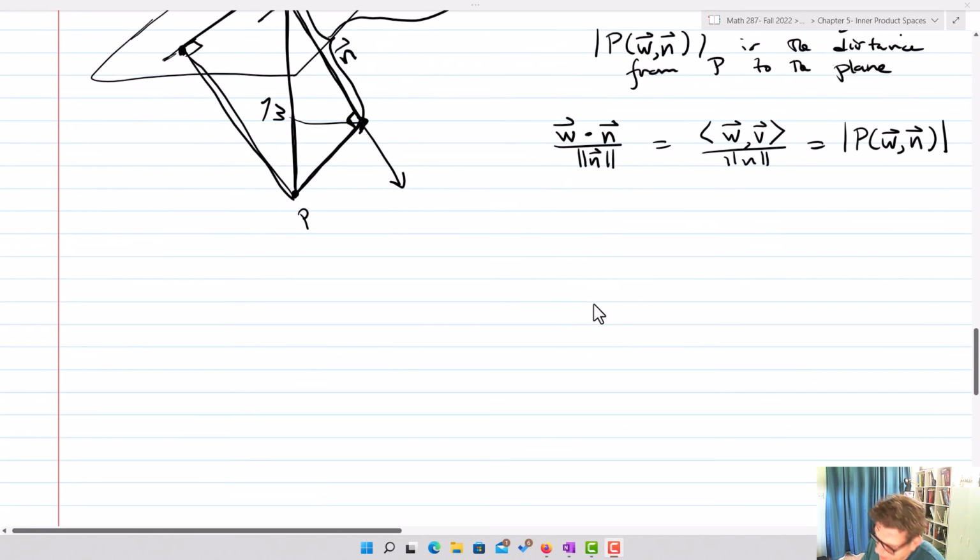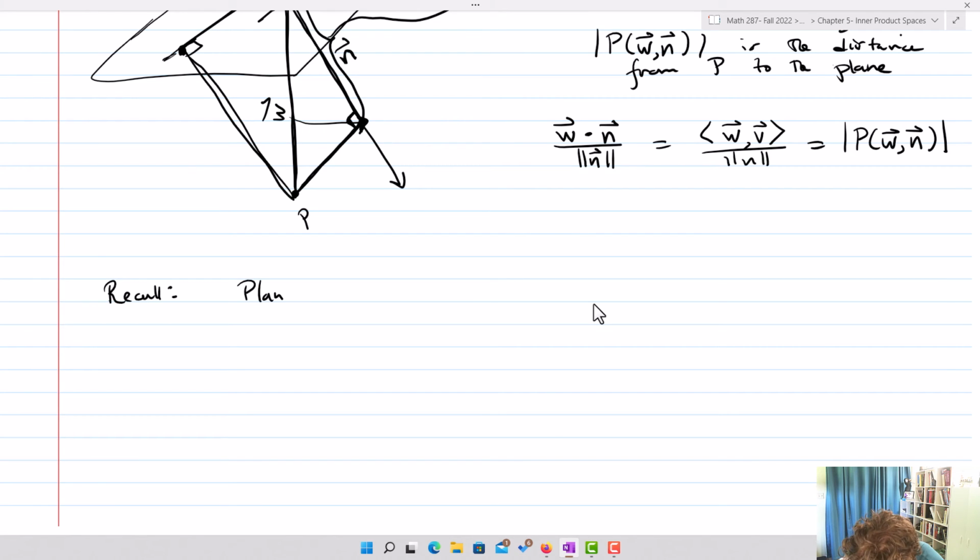Now, to continue with our work, we need some information. First, recall the equation for a plane: AX plus BY plus CZ plus D equals 0.